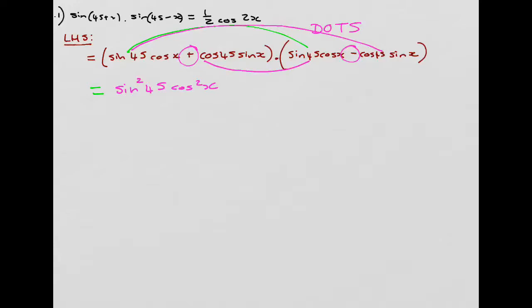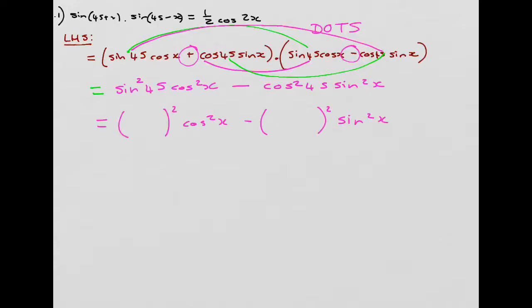So we had negative, and now we're going to add the exact same term. So that dots goes away. The middle term goes away in dots, so you don't even have to worry about it. You just then have to worry about your first term, the green one, and your last term, the other green one. So that's going to become then a positive times negative cos squared 45 sine squared x.